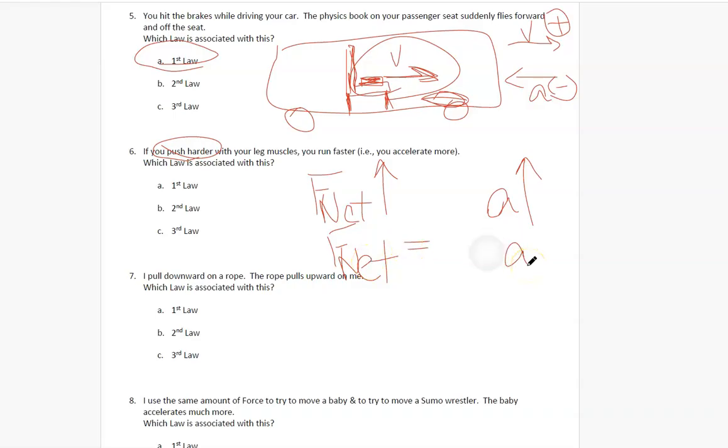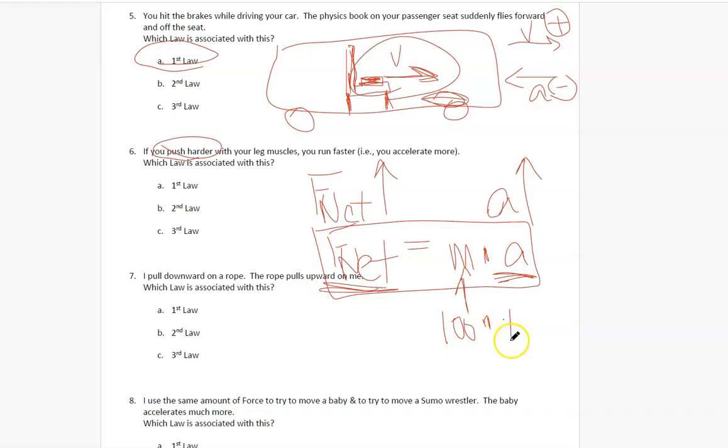The acceleration will go up if the net force goes up. You increase one of these, the other will increase. You can imagine if we say the mass is 100 kilograms, or we don't even need to use units. Let's say the acceleration is 1. Well, we're going to get a net force of 100.